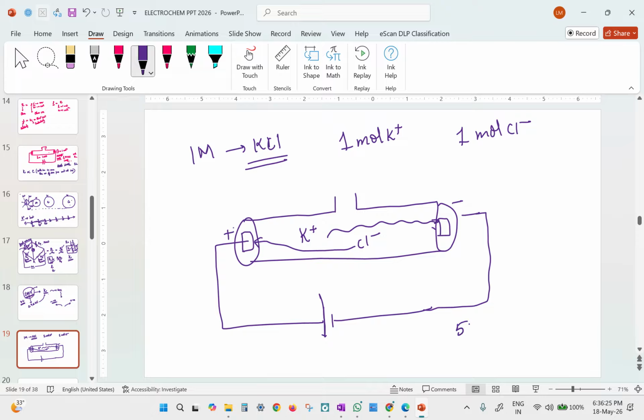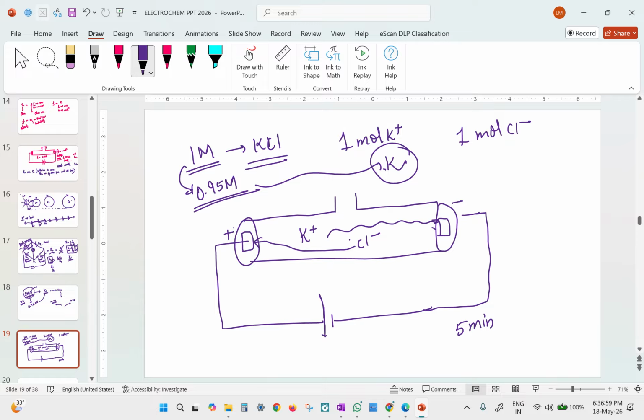So if I'm using 5 minutes of constant current supply to the solution, within the 5 minutes the concentration of 1 M drops down to 0.95 M. So you would have measured the conductivity, but it is not for 1 M, it is for a different concentration. You wanted the conductivity of a 1 M solution, but you are now identifying it for a 0.95 M solution.